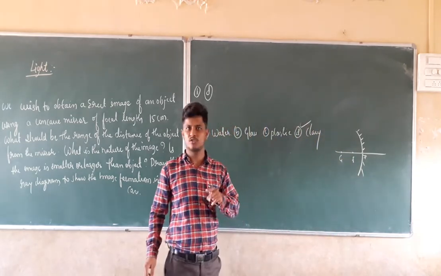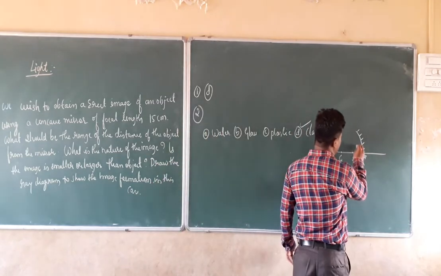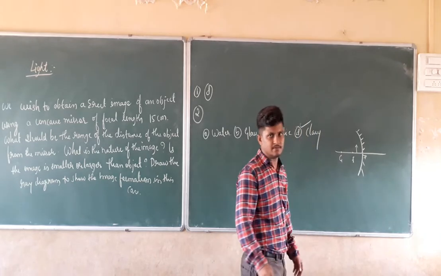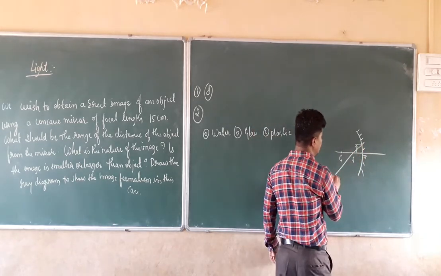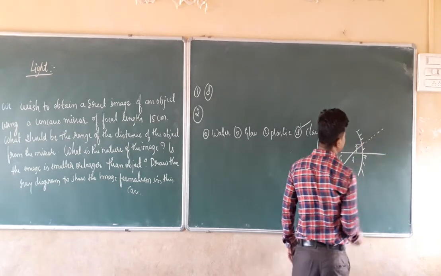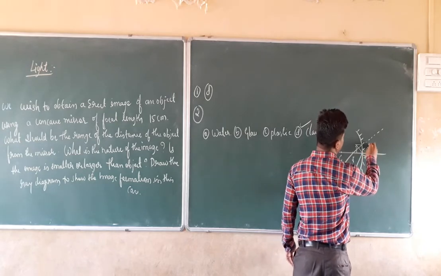In only one condition does it produce a virtual image: when you keep the object between the pole and the principal focus. Then it is going to form the image on the other side.